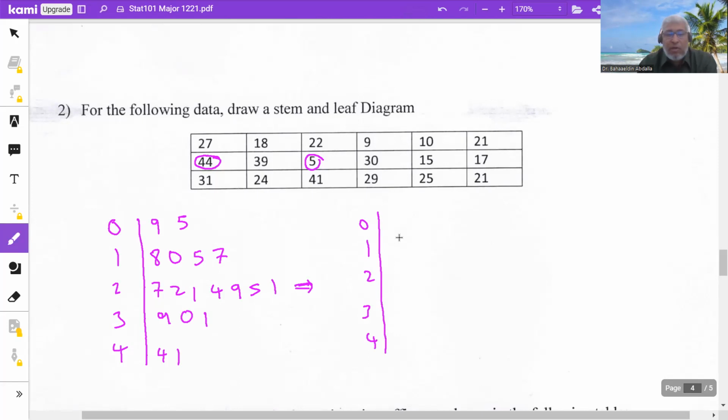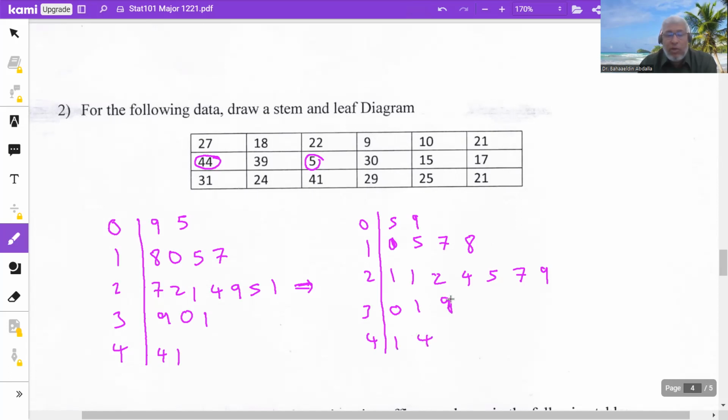Finally, 5, 9, 0, 5, 7, 8, and 1, 1, then 2, 4, 5, 7, 9, and then 0, 1, 9, 1, 4.